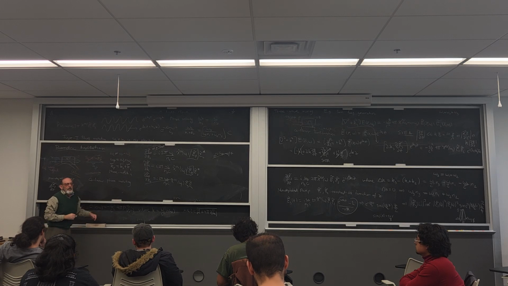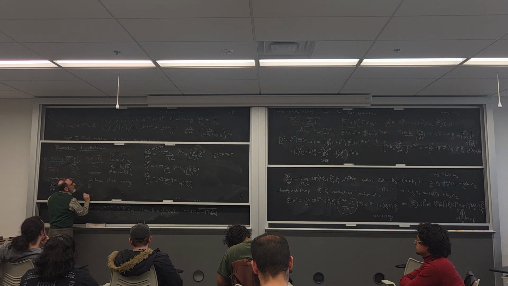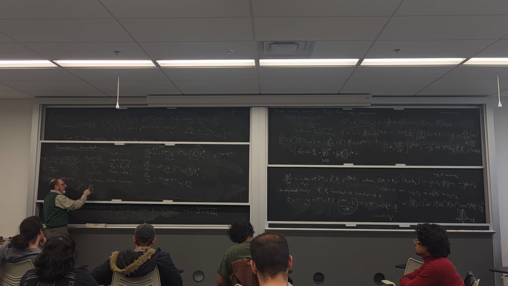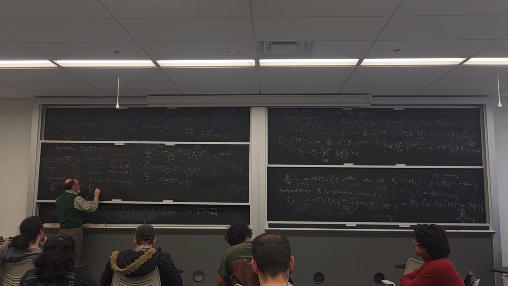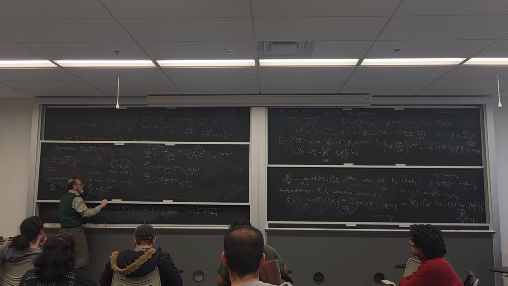Let's write down the equations of motion. What we have is that the rate of change of the signal amplitude as a function of the distance propagated is some constant, I'll call it kappa sub s, times the idler amplitude star.